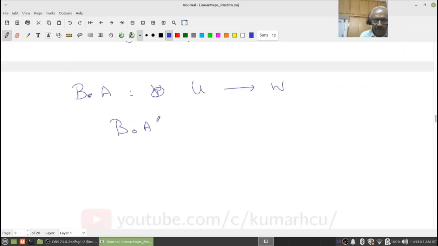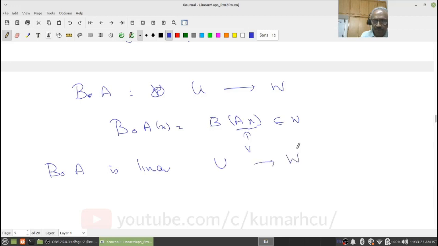B composite A of x equals B of Ax. Now where is Ax? Ax is in V, and B is from V to W, therefore this is going to be in W. So B composite A, if A and B are linear, is a linear map from U to W.